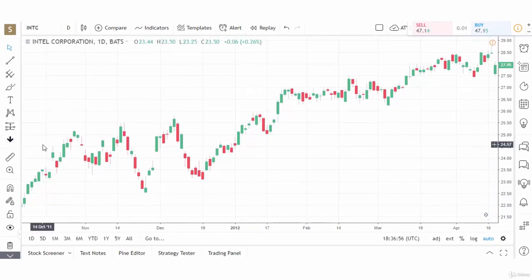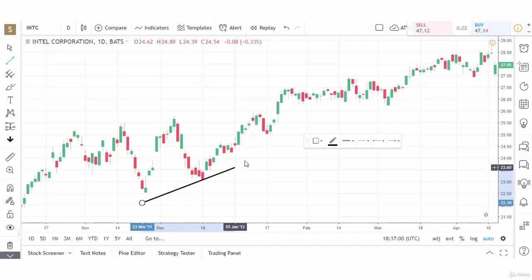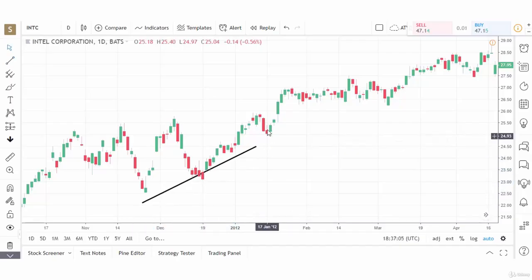Intel was trending up. We have the stock in an uptrend, and we see a pullback in the uptrend here. That's the upper bound of the flag. And here's our lower bound of our flag.